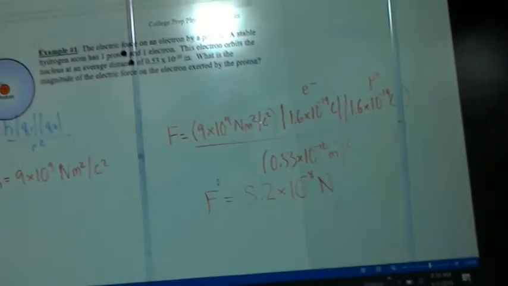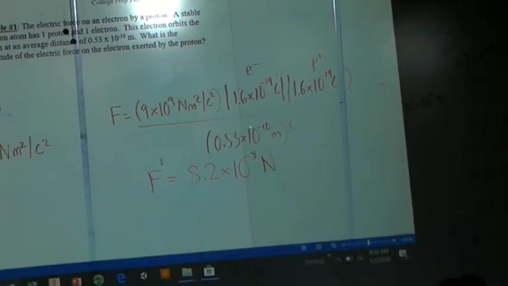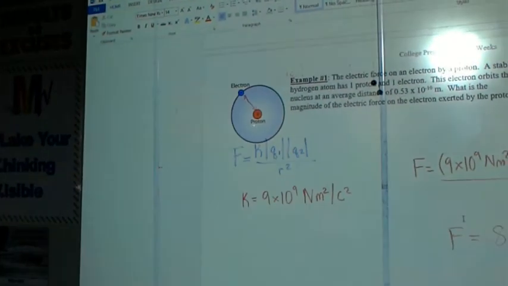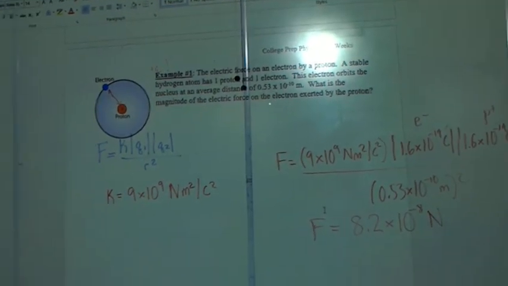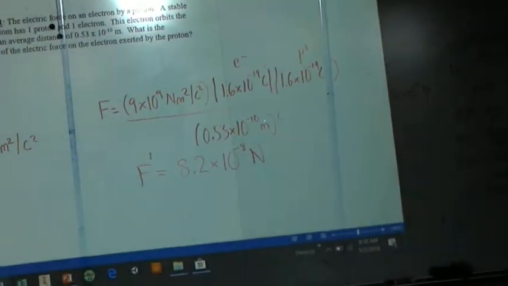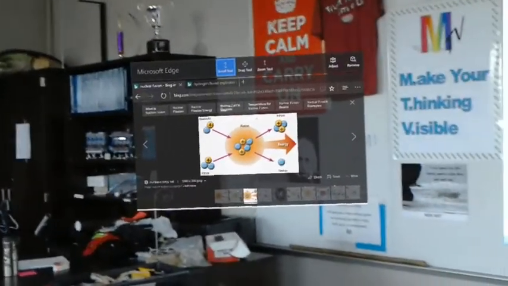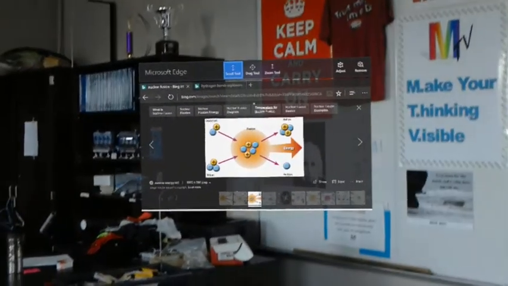Something to note about this, and I'll let you focus in on this here, pause the video. This seems to be a really small force. Realize this is in a really small area, minus 10th meters. This is actually a ridiculously large force. When you start messing with these forces, as you can see here, you get nuclear reactions such as nuclear fusion, which is powered by hydrogen as well, shown here, which you don't need to know.